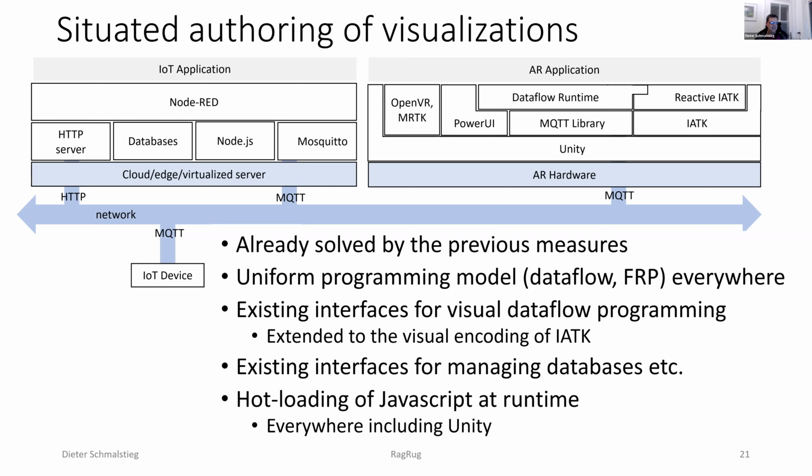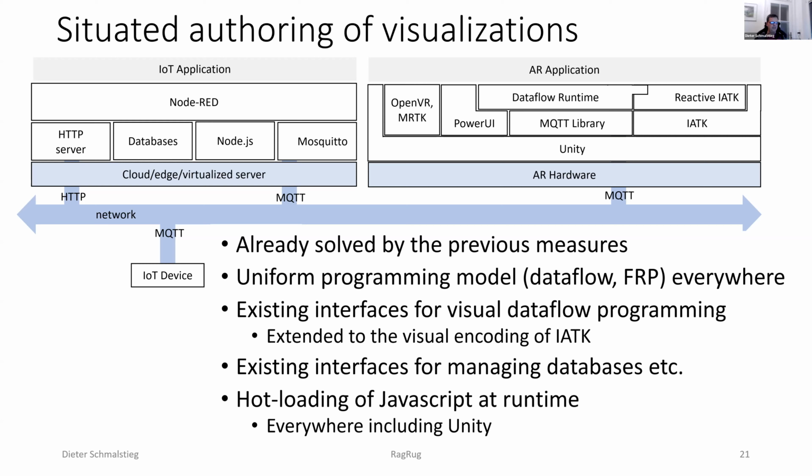And the third thing is that JavaScript, of course, allows hot loading. It's unlike C#, which still requires an explicit compiler invocation. JavaScript can be loaded and reloaded on the fly. So you type a line of JavaScript code, press a button, and it is loaded into one node of the data flow, and then the behavior of the system changes.